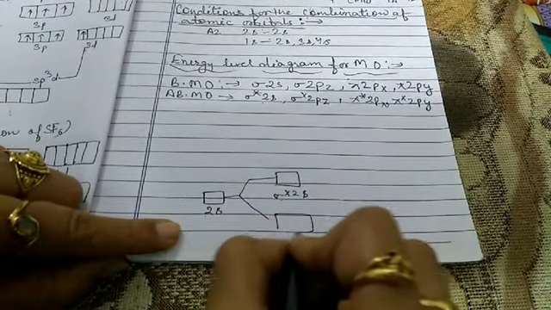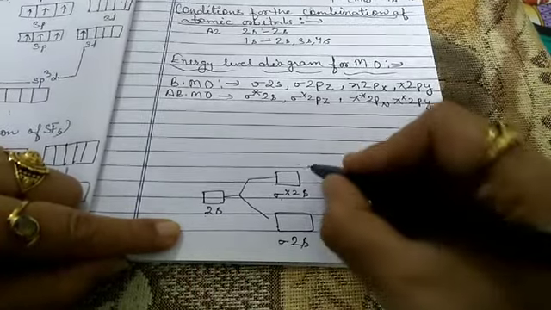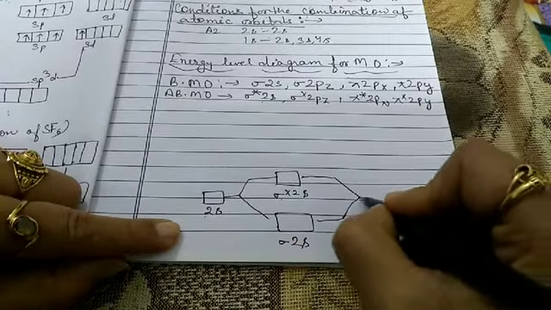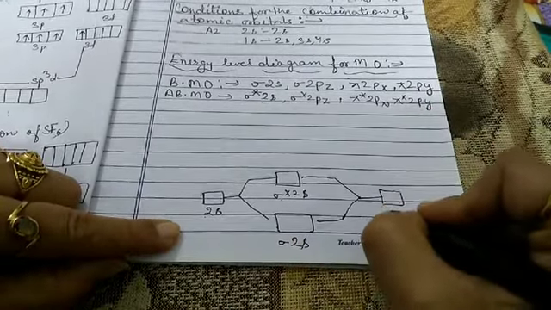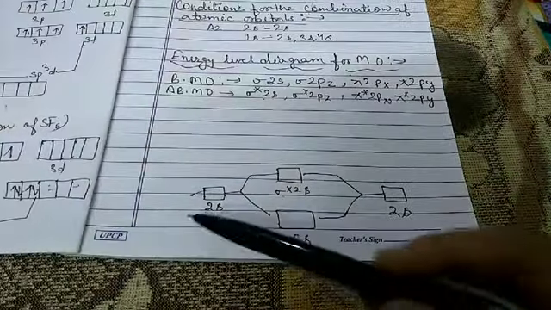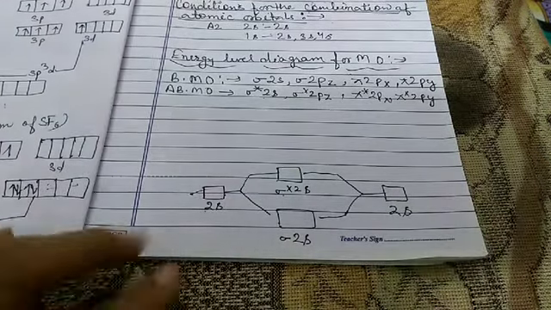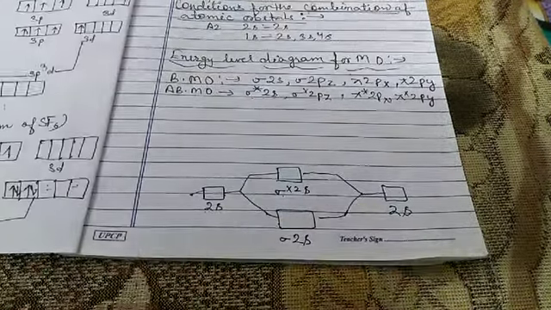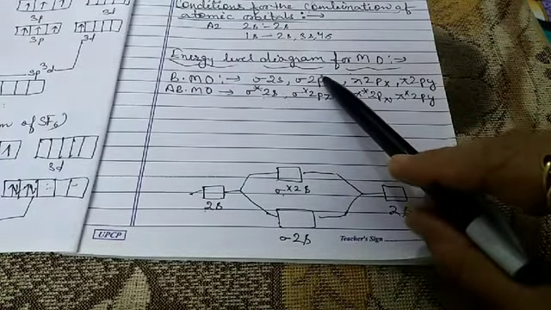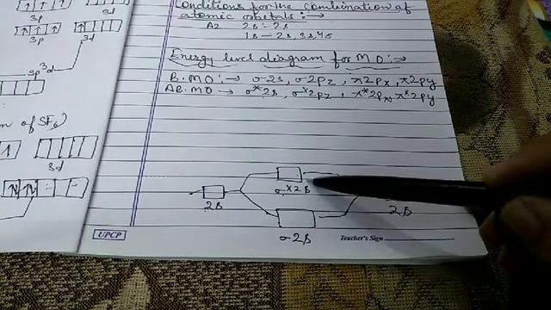Again this one is the sigma 2s, and here again this one is the 2s. This line is for the atomic orbital, and this line is for the molecular orbital. We know very well that first of all we have to write the bonding orbital and then the anti-bonding orbital. So this one is the bonding orbital and this one is the anti-bonding orbital.